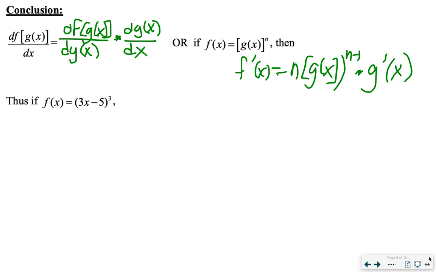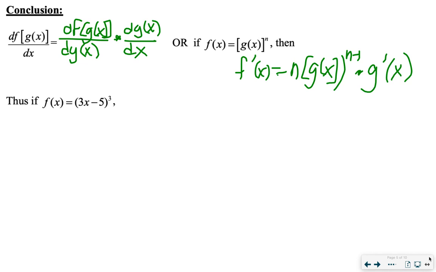Right, so this is part of my chain rule here. So if I'm trying to use the power rule, I can use the power rule and then take the derivative of what's inside. Right, so use the power rule as if what's inside stays the same, multiply that by the derivative of what's inside of those brackets.